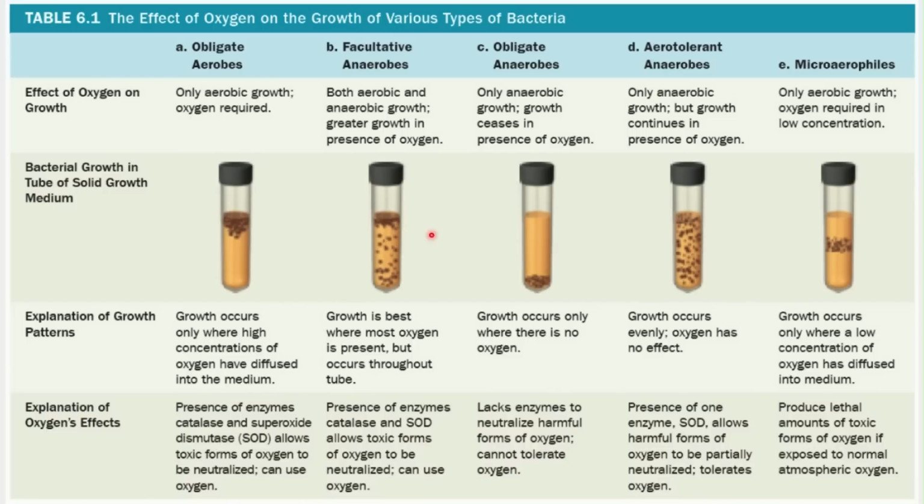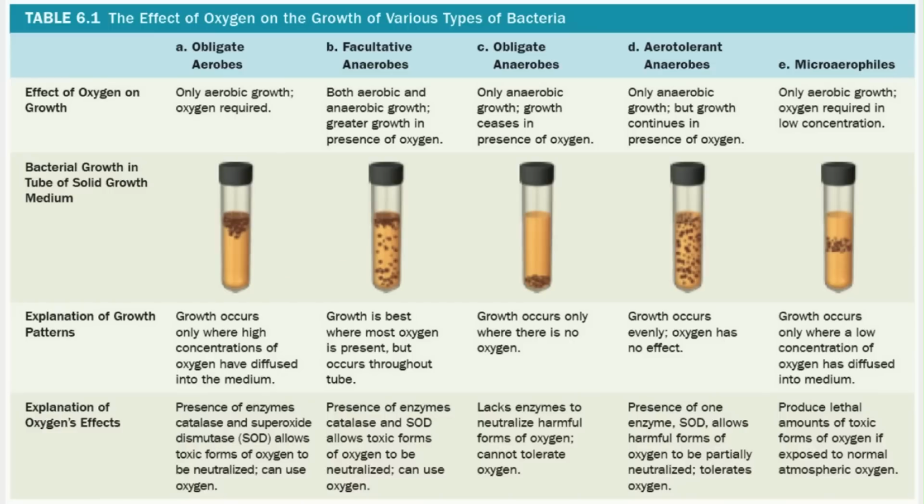And so the highest density of cells you will find at the top, but you'll find cells throughout the entire column. The other thing that can confuse students is sometimes if the culture tube gets too old, even though you might have the cells growing in the top, as the cells die, they can fall out of solution and fall to the bottom. So you have to be very careful with old tubes.